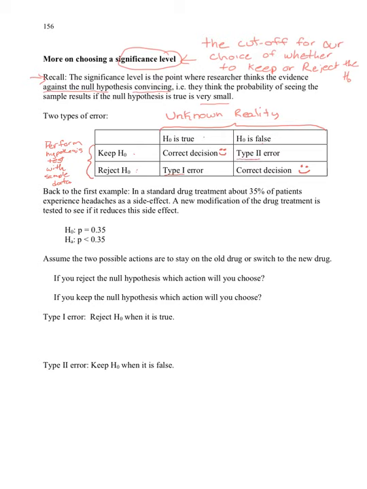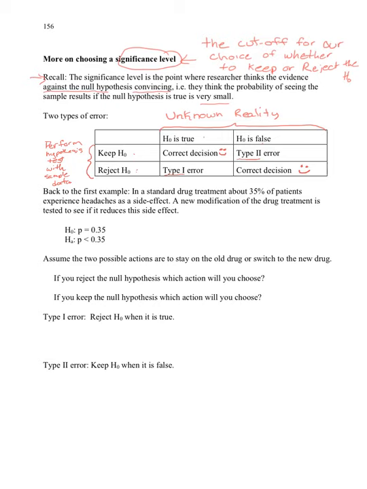Back to our first example, where we were testing the modification of a drug to see if it lowered the side effects. Our null was that the percentage equaled 0.35 or 35%, and the alternative was that the new drug had reduced the side effects, so the percentage was less than 35%. So assume there are two possible actions. One is to stay on the old drug, and the other is to switch to the new drug.